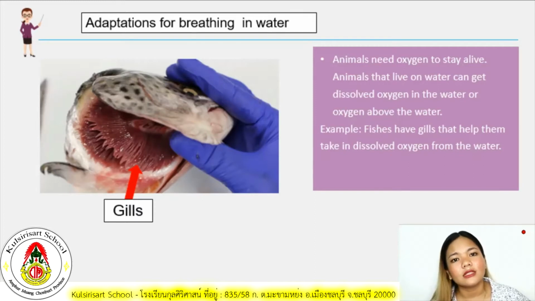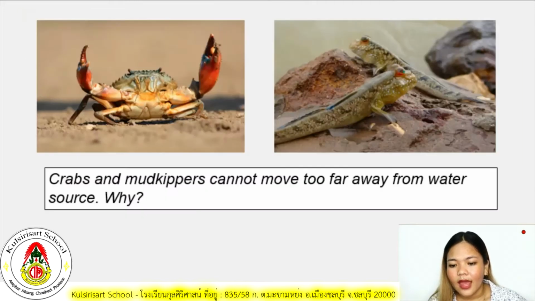Without these gills, fishes will not be able to breathe in water. Okay, so this organ right here is very essential to our aquatic animals. Okay, now we have here another statement.